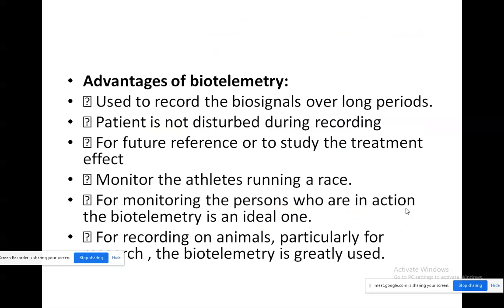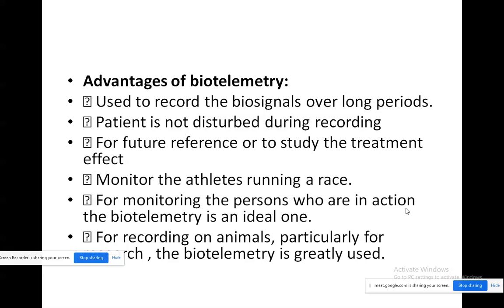As for the advantages, the patient will not be disturbed during recording. He can do his normal work as usual. This can record data for a long period. It can be used to monitor athletes. In a running race, athletes will have different ranges of pulses.